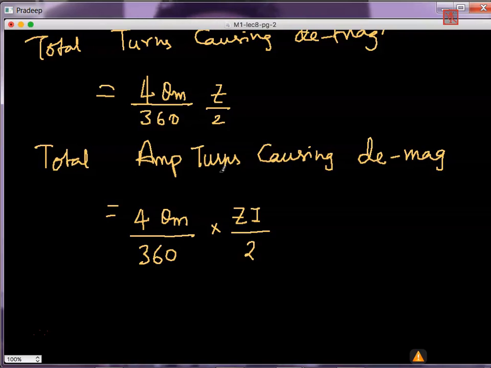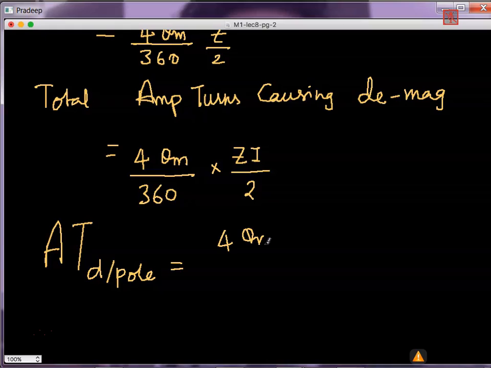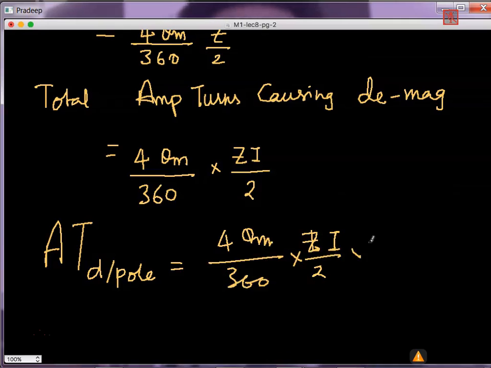This is the total ampere turns causing demagnetization. This is for the machine. But then there are two poles, so per pole the ampere turns causing demagnetization is this entire thing, 4 theta m by 360 into Zi by 2 into 1 by 2, because there are two poles that we considered.